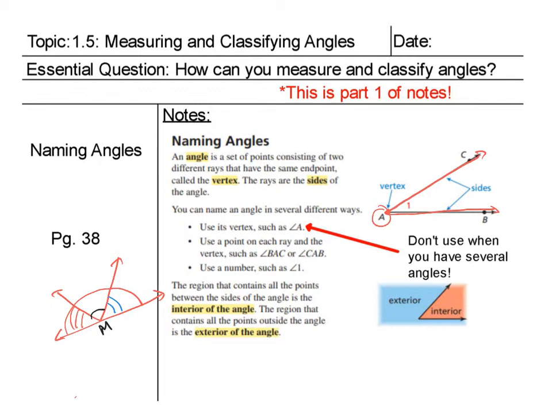Now, the second part is the most preferred. Use a point on each ray and the vertex, such as angle BAC or angle CAB. Notice that that vertex is always in the middle of your angle, always. So when you name an angle using the second bullet point, which is most often what we'll be doing, you want to have the vertex in the middle of the name.